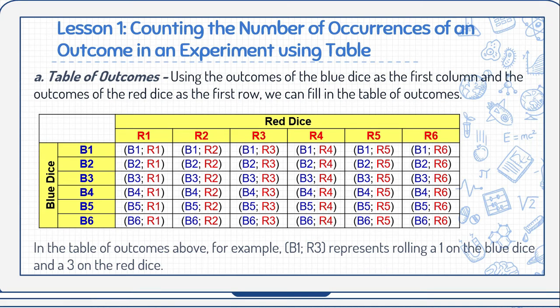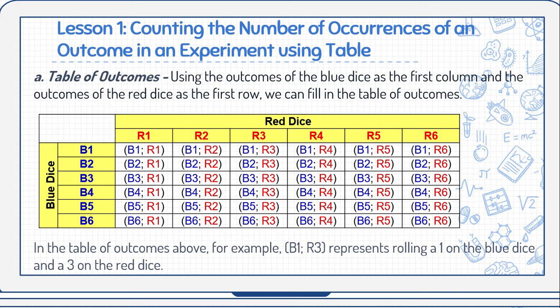Okay, so in the table of outcomes above, for example, we have B1R3, blue 1, red 3, represents the rolling of a 1 on the blue dice and a 3 on the red dice. So, ibig sabihin nito, pag roll po natin ng dice, siguro ang resulta ay si blue ay 1, tapos si red ay 3. So, based sa kanilang mga possible outcomes, isa lang yung resulta na blue 1 at saka red 3.